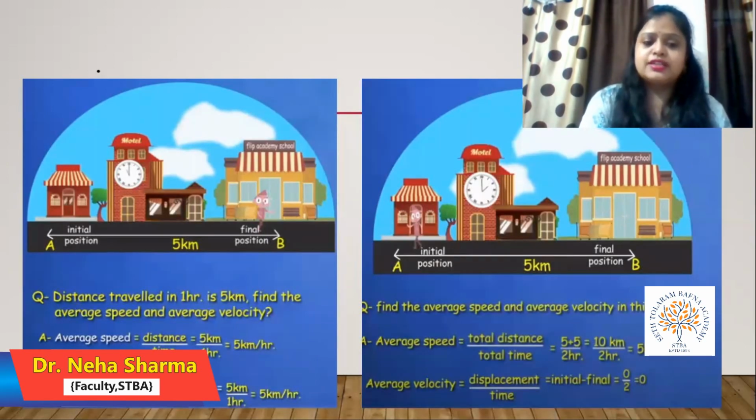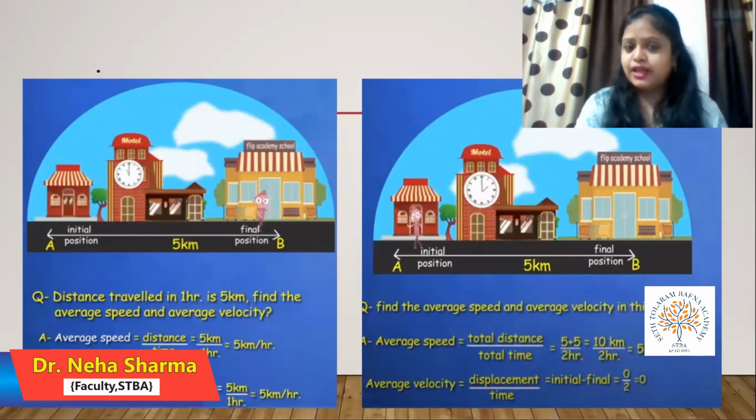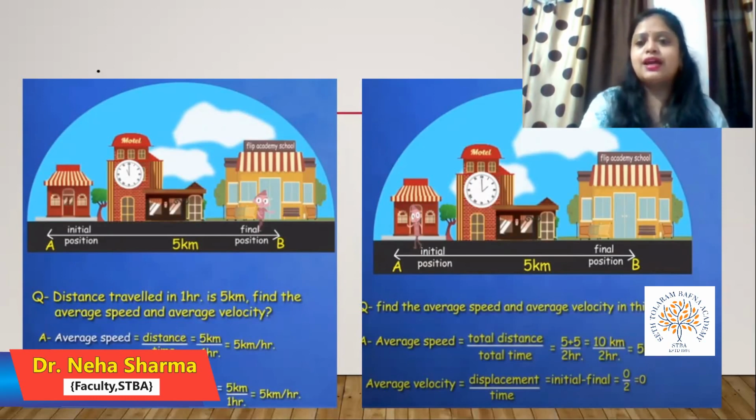The average speed is distance by time, 5 km per 1 hour, that is 5 km per hour. For average velocity, the displacement is 5 km in 1 hour, that is 5 km per hour. So in that case, the average speed and average velocity are the same.